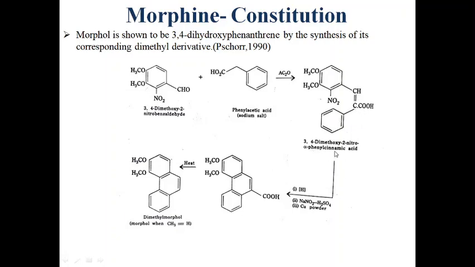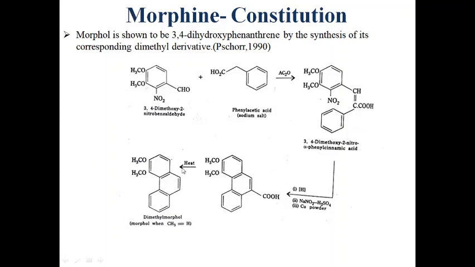So it is alpha-phenylcinnamic acid, which undergoes three steps: first reduction, followed by reaction with sodium nitrite and sulfuric acid, and finally reduction with copper powder. This whole group is converted into the phenanthrene nucleus containing a carboxylic group. The nitro group is also removed from this.